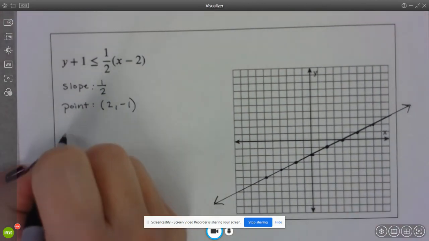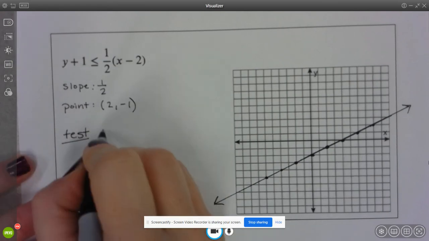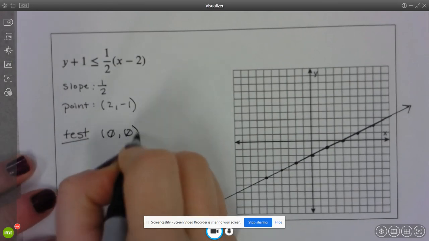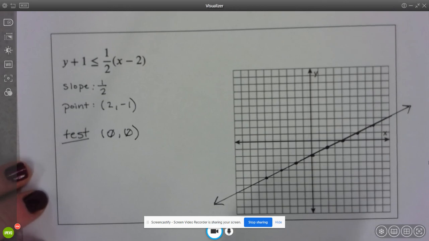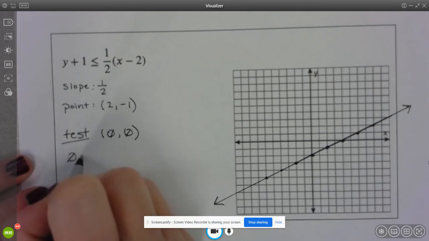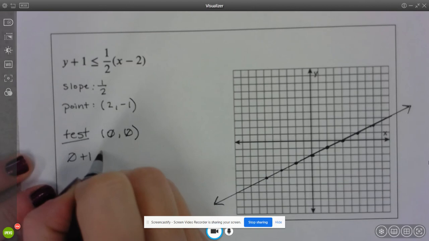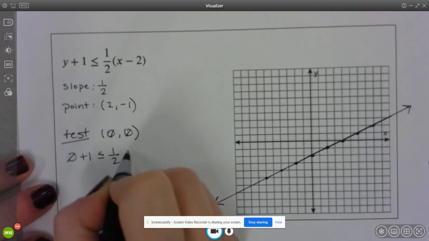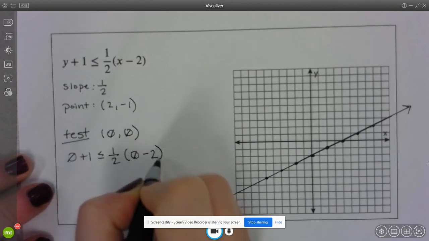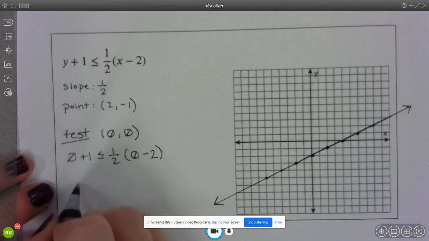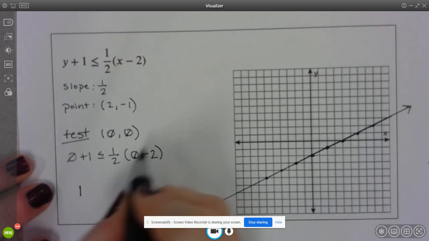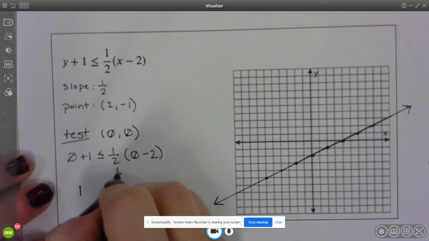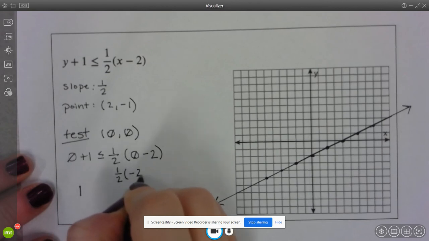And then let's see if the origin works. And if it does not work, I need to shade on the opposite side. Well, this would simplify to 1. This is going to be 1/2 times -2.